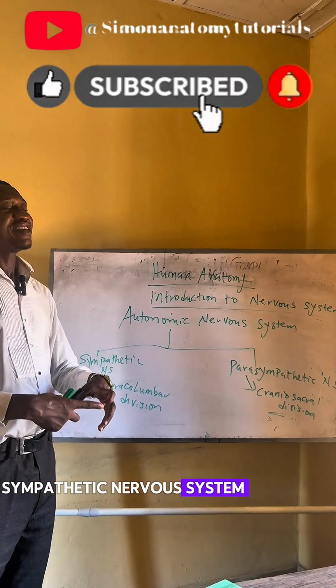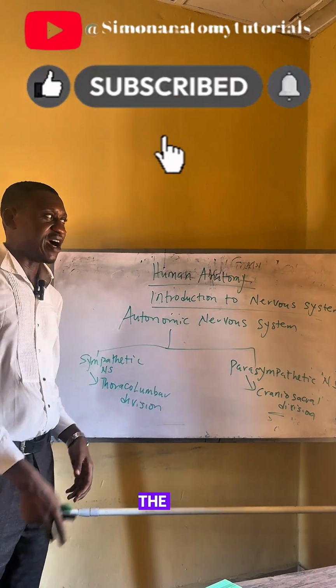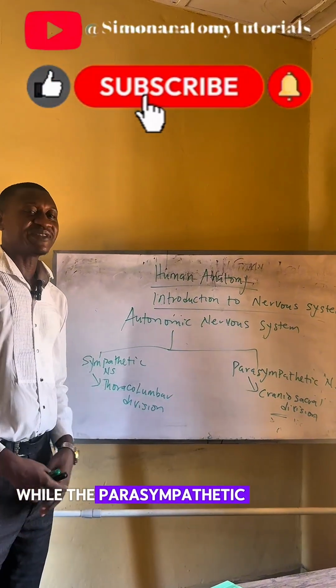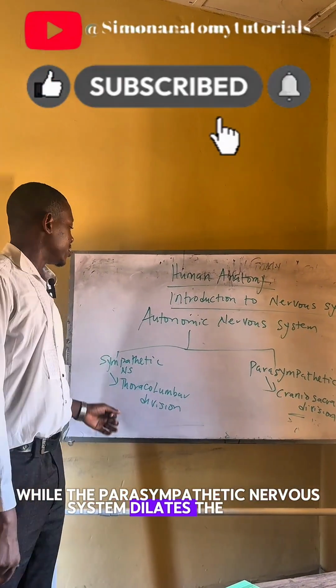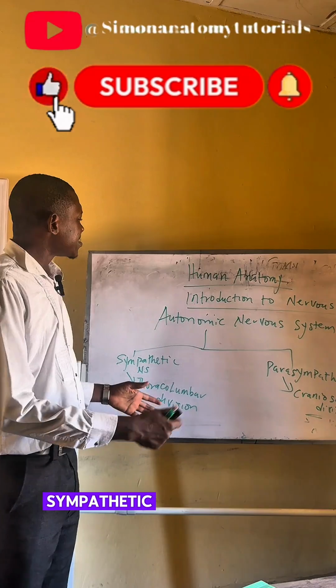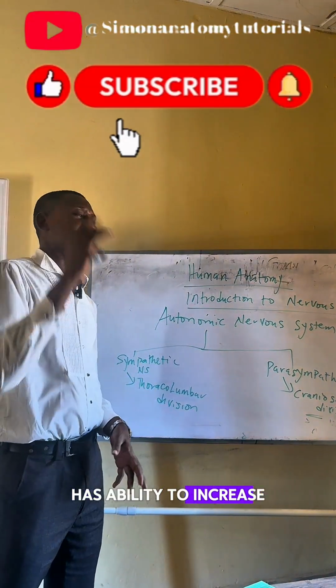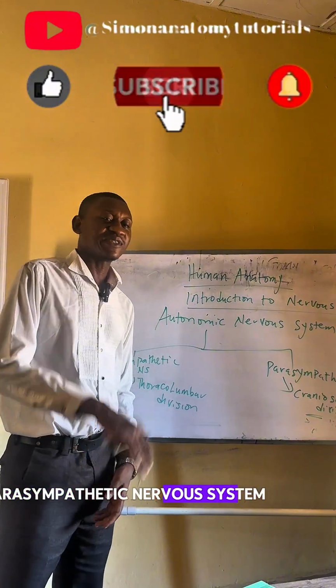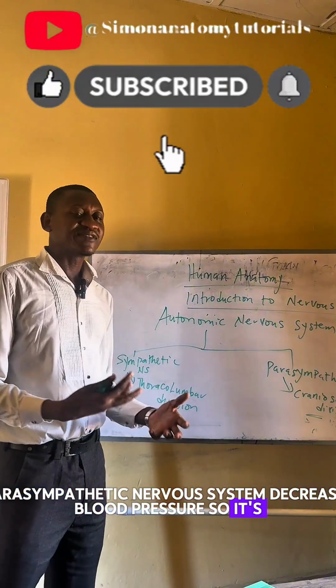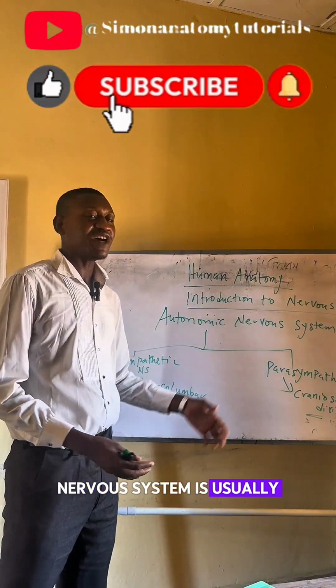The sympathetic nervous system dilates the pupil, the opening in the eye, while the parasympathetic nervous system constricts the pupil. The sympathetic nervous system has the ability to increase blood pressure. The parasympathetic nervous system decreases blood pressure. So the parasympathetic nervous system is usually antagonistic.